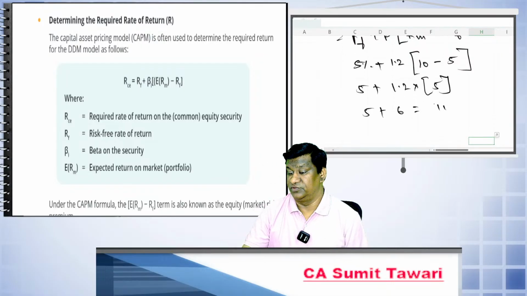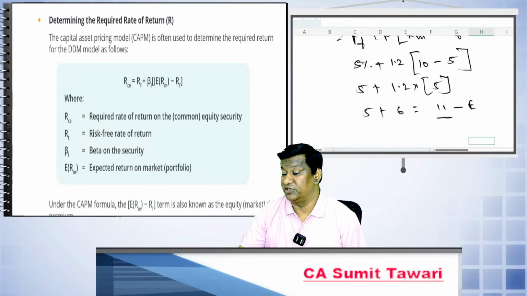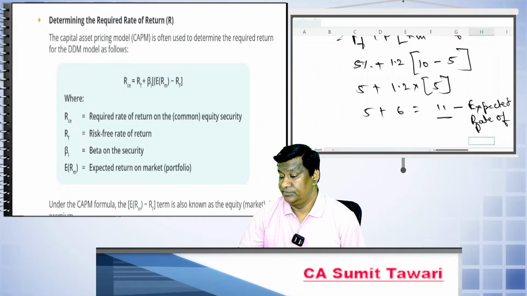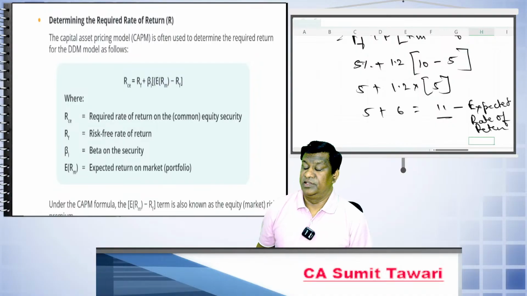This way you need to calculate. So 11% is your expected rate of return. Clear?